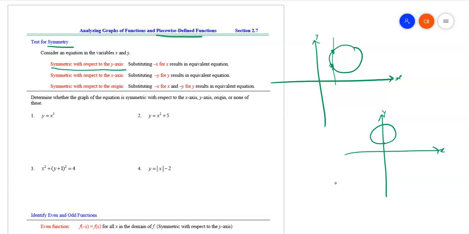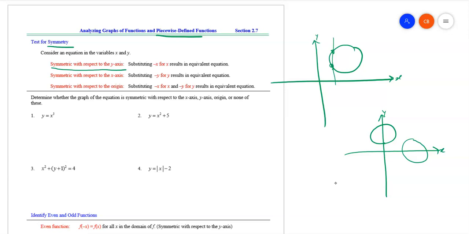It would be possible to place a circle over here, a little bit higher, where this x-axis is the diameter of the circle, and then this one would be symmetric across the x-axis. And then it would be possible as well to draw one that would be symmetric about the origin.